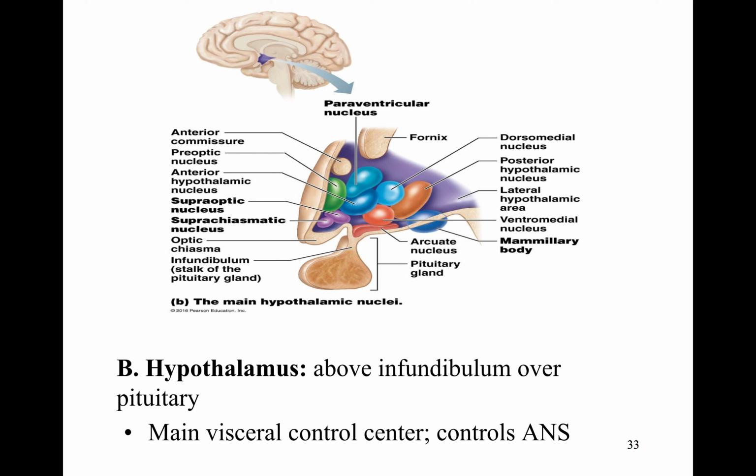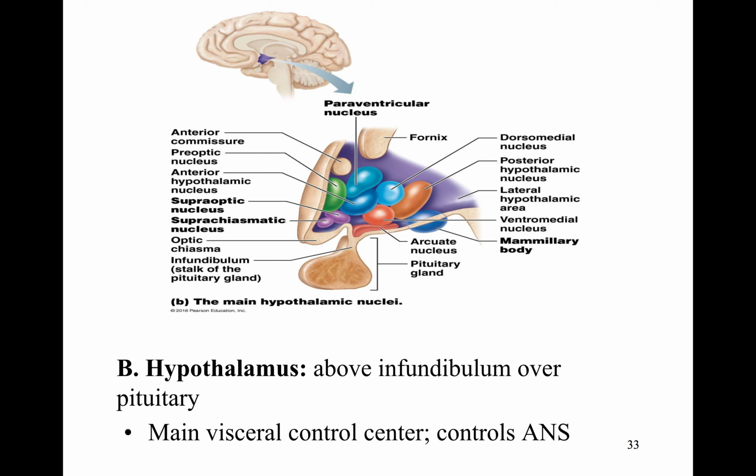Movements of our organs are going to be involuntary movements. And remember that the involuntary nervous system is the autonomic nervous system. So the hypothalamus is our main visceral control center and functions to control the autonomic nervous system or our involuntary nervous system.